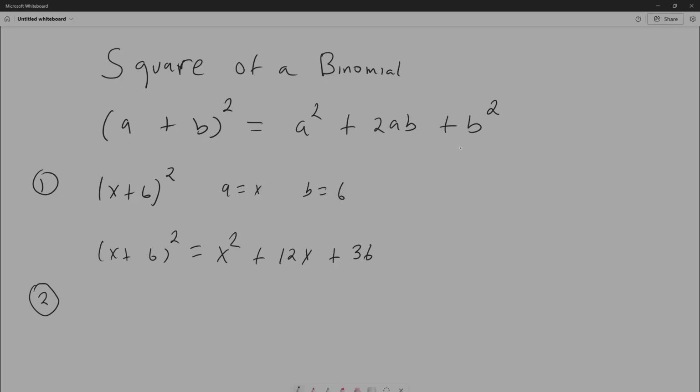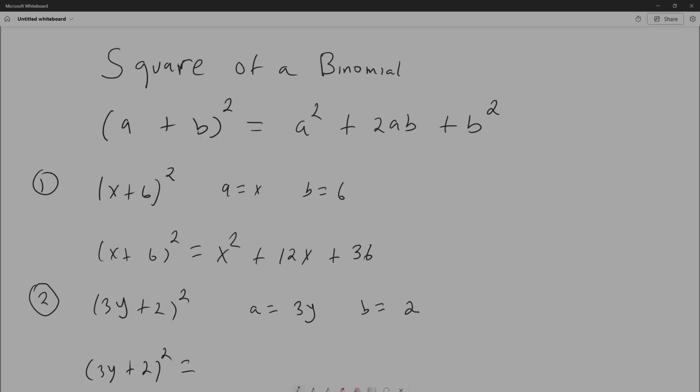Let's go to exercise number 2. It says that 3y plus 2 squared. So in this case, a is equal to 3y and b is equal to 2. Okay, so now we're gonna write 3y plus 2 squared. That's gonna be equal to, what is a squared?